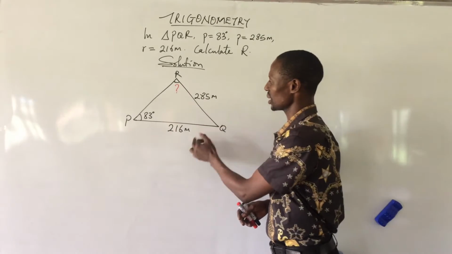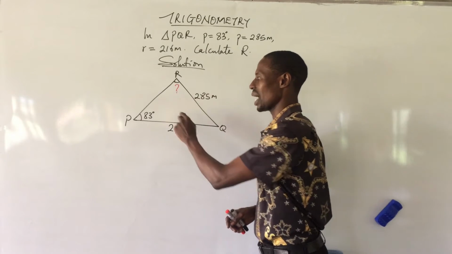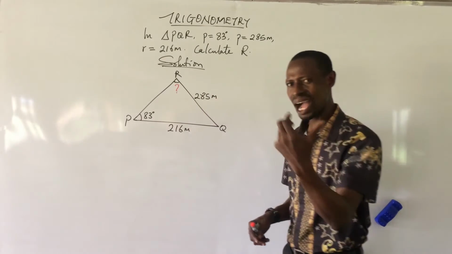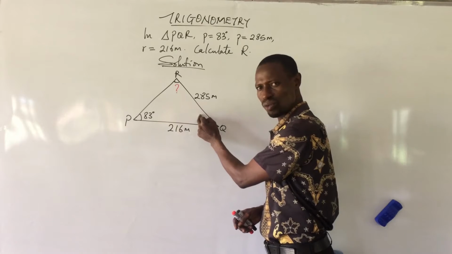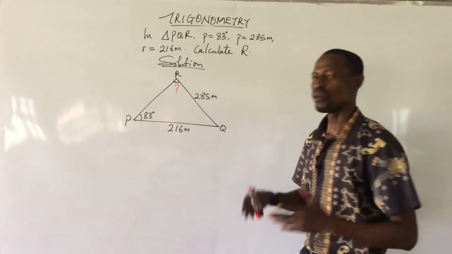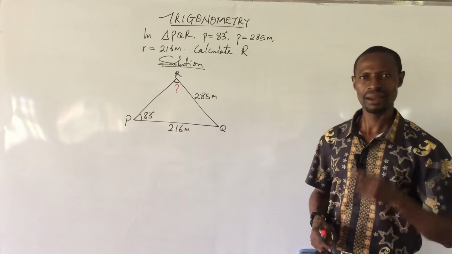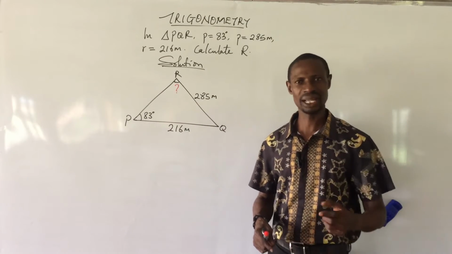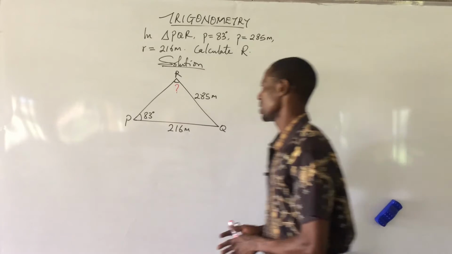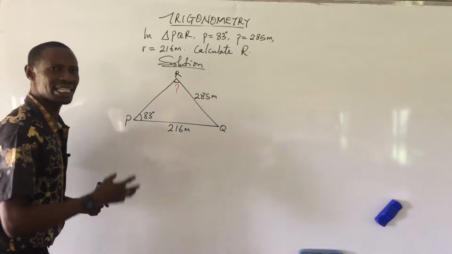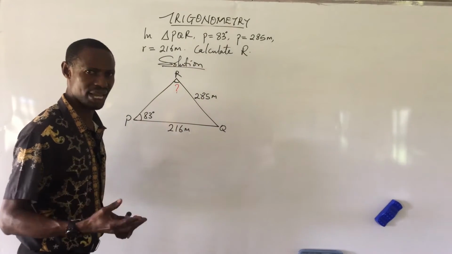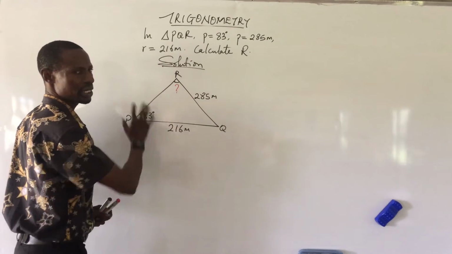Since two sides are given, and one angle is given, but that angle is not the included angle for these two sides, then we use the sine rule or the sine formula. You can equally watch that video.